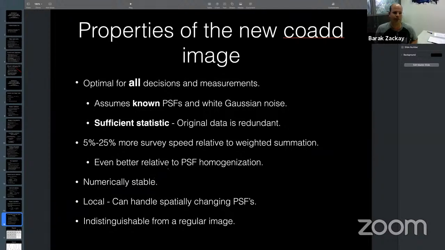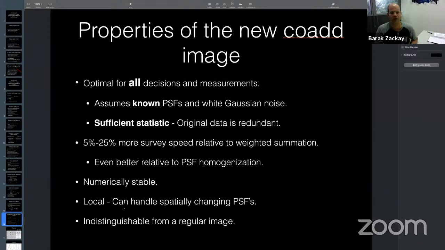And if you have done PSF homogenization before, then it's even better than this. It is numerically stable, so past methods for image addition were sometimes not numerically stable. It is local, so if your point spread function is changing with, let's say, arc minute by arc minute, and the point spread functions themselves are of scales of arc seconds, then the kernels that you apply in the image addition are very local.